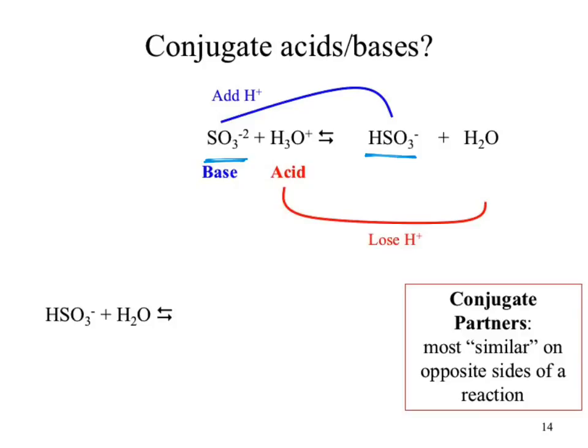How did I make HSO3 minus? Added hydrogen to what? I mixed SO3 minus 2 plus H3O plus to make, there's my reaction arrow, HSO3 minus. What other information is stashed into this equation that we haven't seen yet?